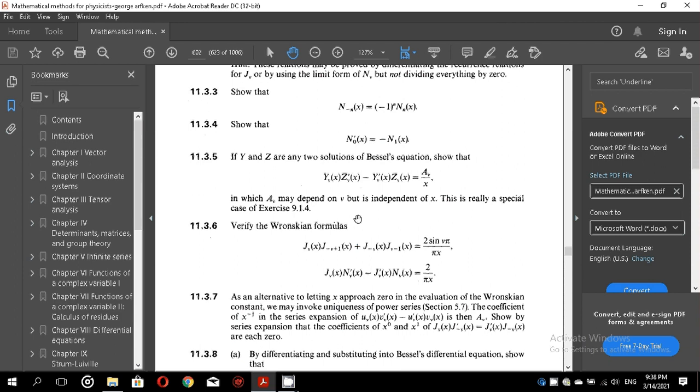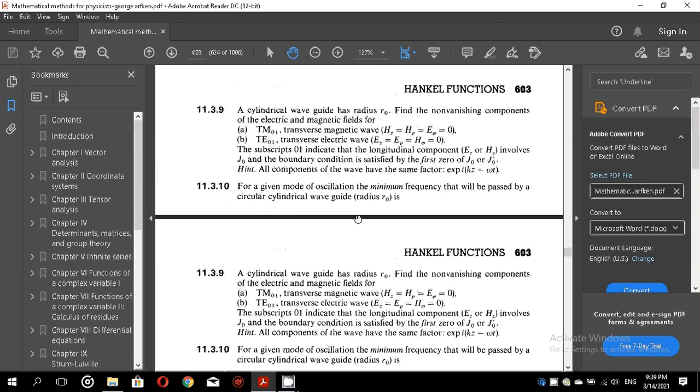The reason being simply that the Neumann function is a linear combination of J n and J minus n, so it should satisfy the Bessel's differential equation, and as such it should also satisfy all the algebra which we have already read about the Bessel's function of first kind.